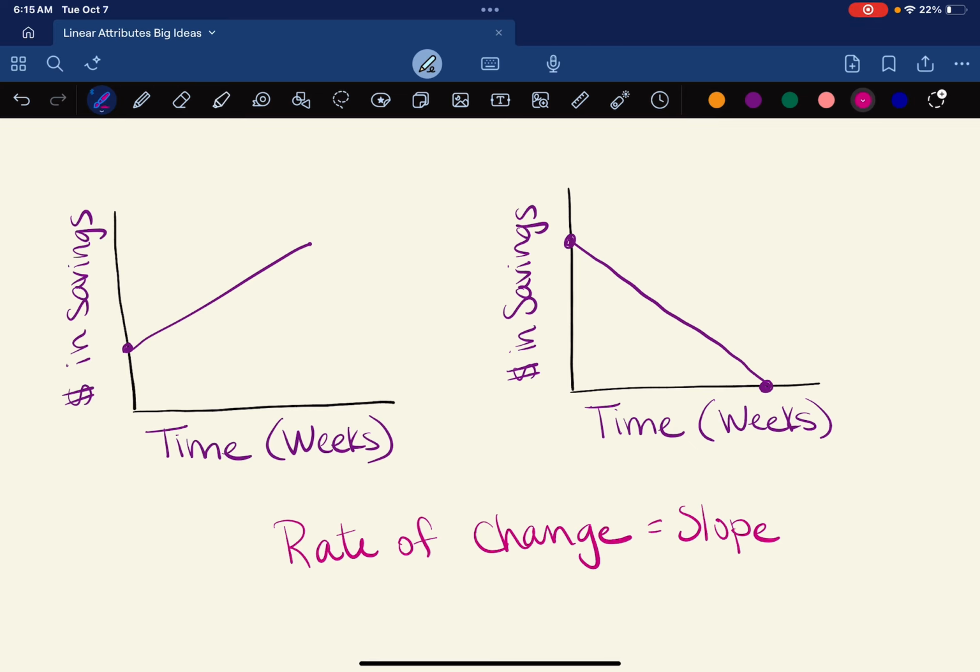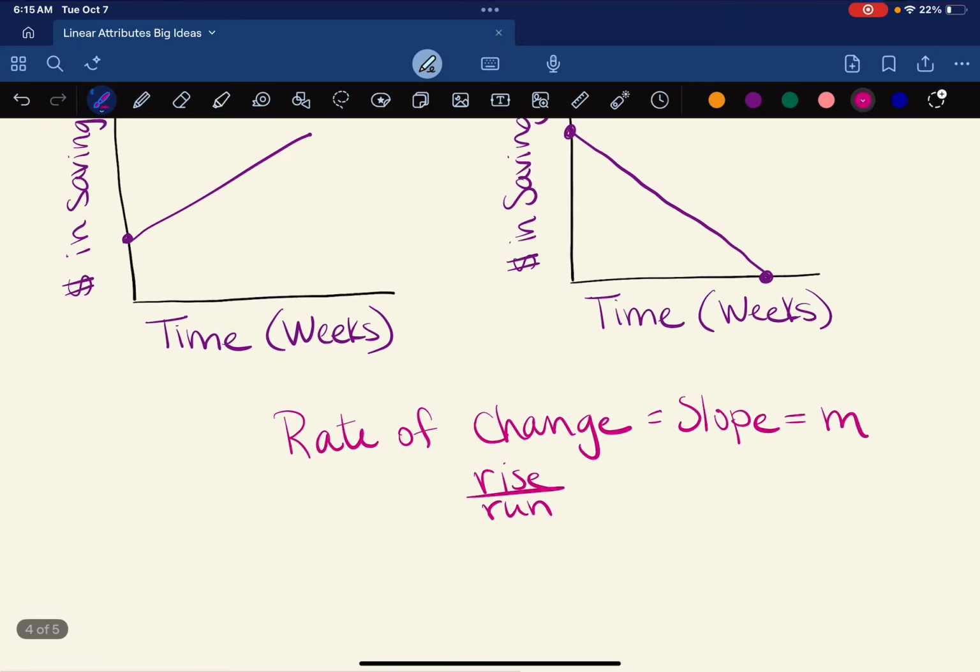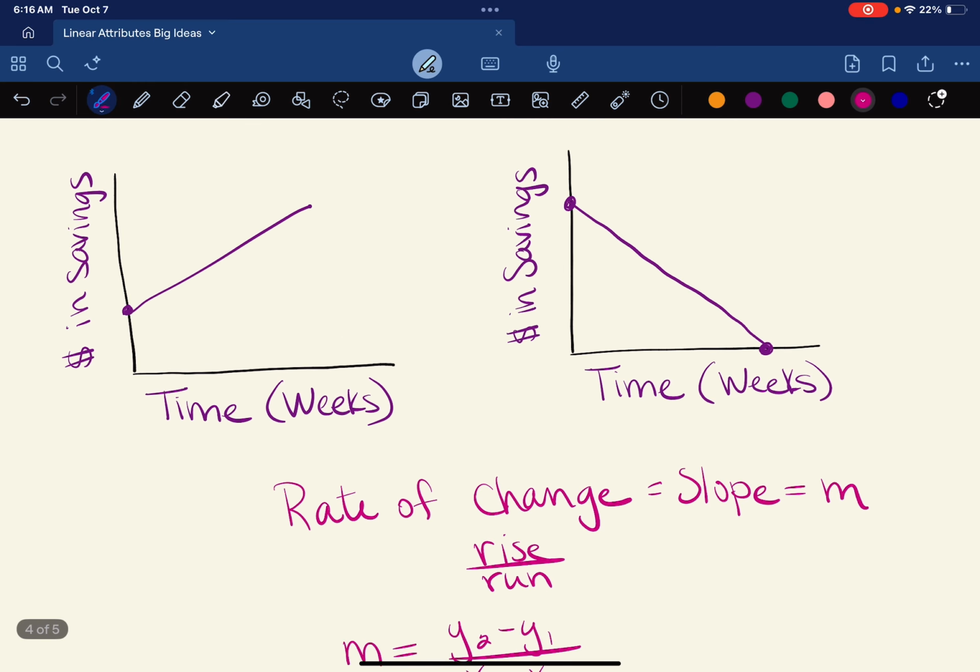So don't forget that rate of change, slope, that is our m value in an equation, and that's just rise over run. For those of you that really like using algebraic expressions to solve problems, don't forget that the slope formula is just y2 minus y1 over x2 minus x1, okay? You can always just subtract your y values over your subtracted x values.